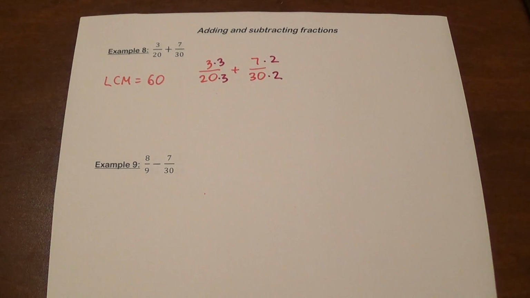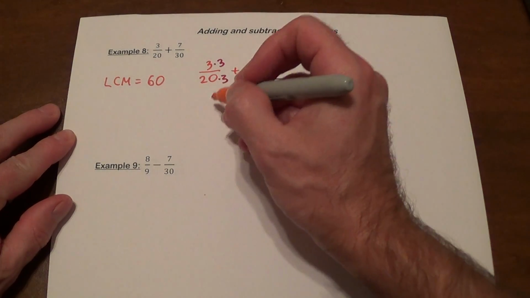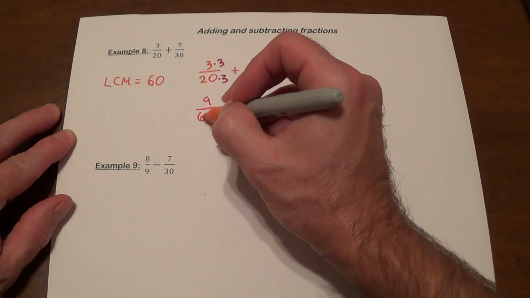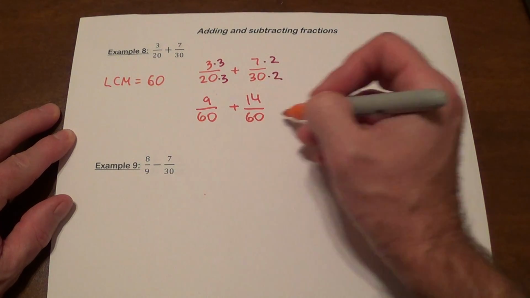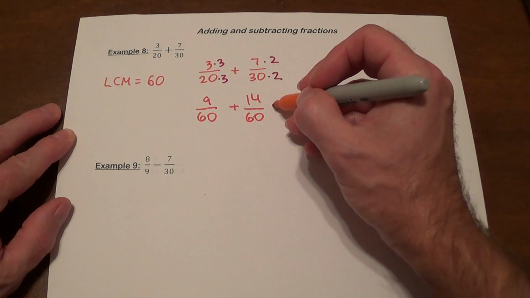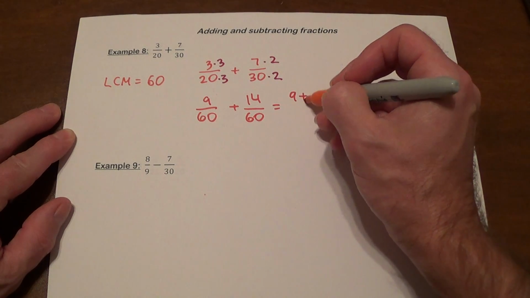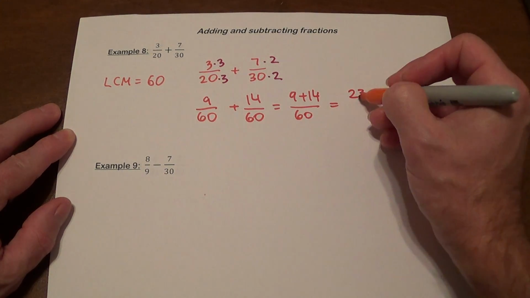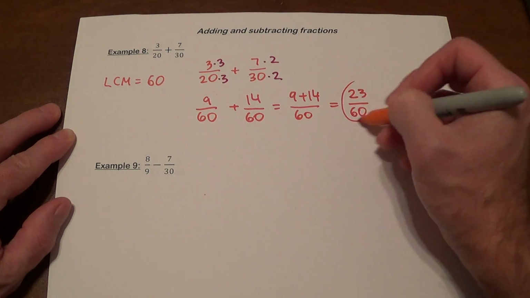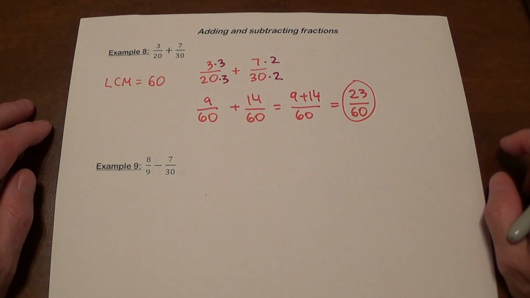Same thing, top and the bottom. So now we are going to rewrite that. 3 times 3 is 9 over 60 plus 14 over 60. So now we have the same denominator, and we can add the numerators. 9 plus 14 over 60, which is going to give us 23 over 60. And that's in the simplest form.